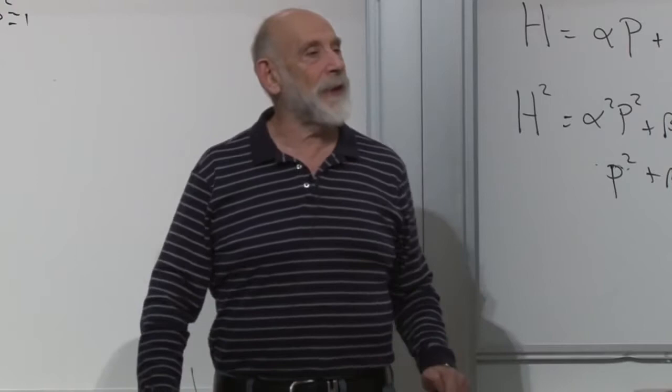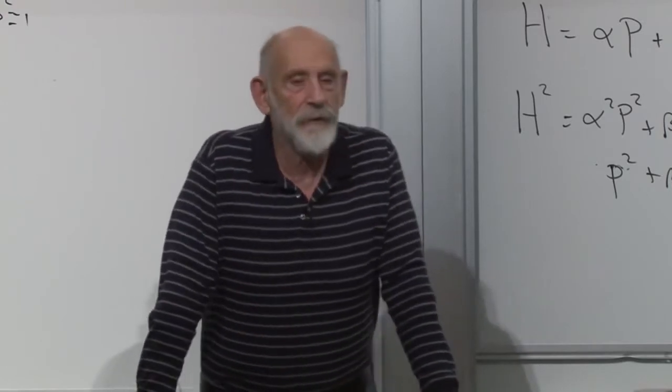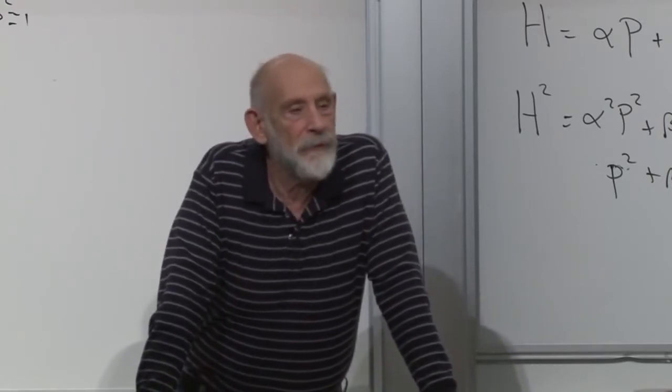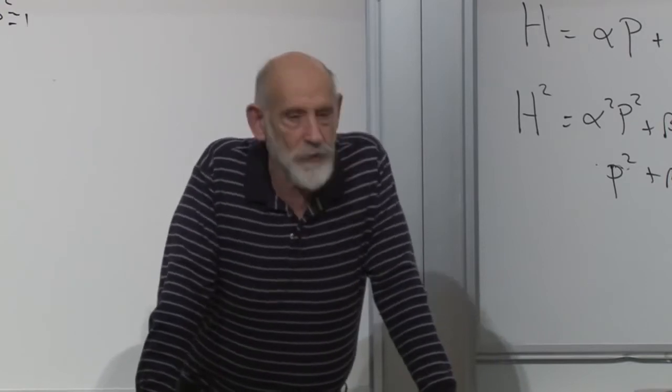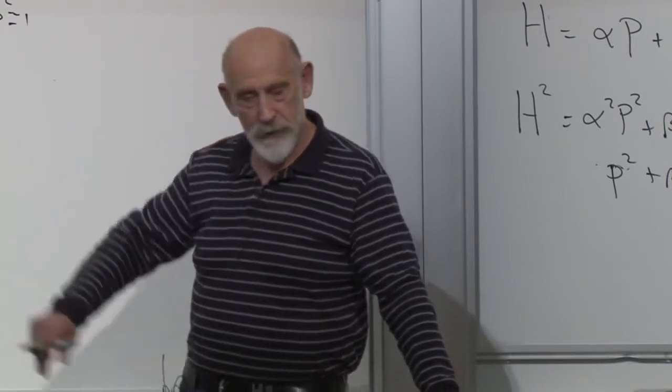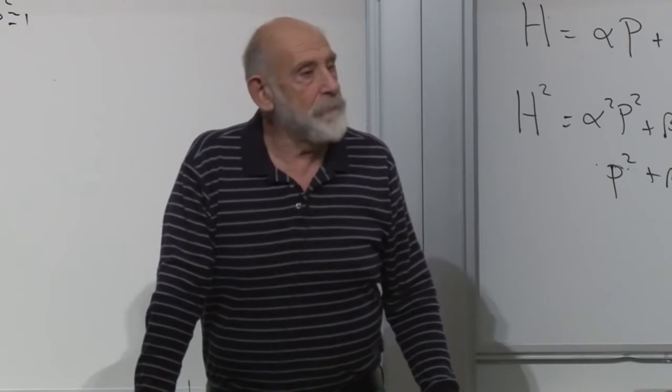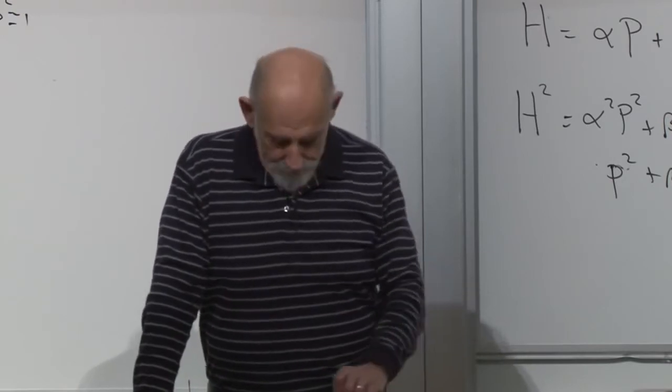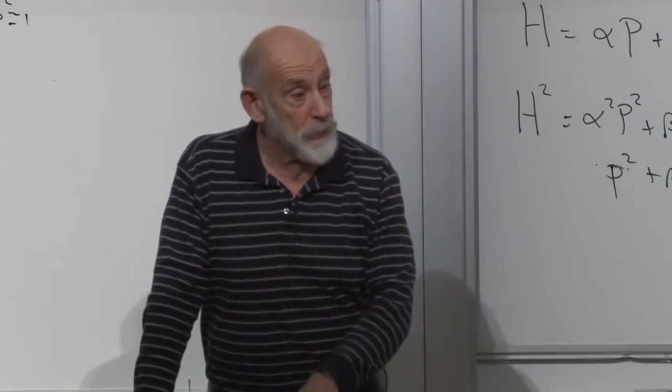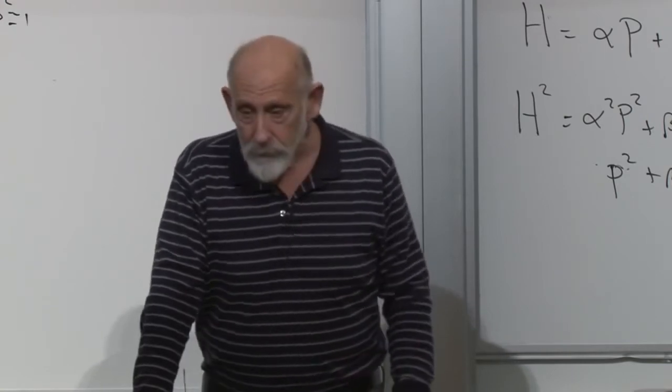Oh, incidentally, there are very, very many different representations of the Dirac matrices. I'll write down what that means in a minute. You pick one and you stick with it. They're all absolutely equivalent in the physics.